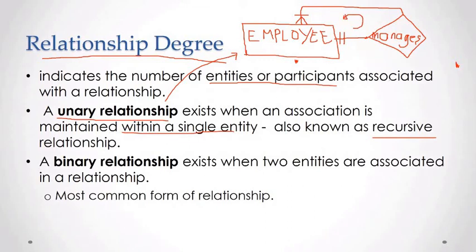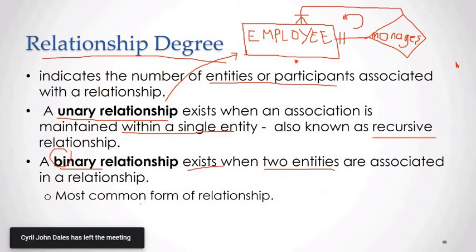Okay? Now the next degree of relationship is binary. Binary exists, or we can call the relationship binary, if there are two entities that are included. That's why it's called bi.